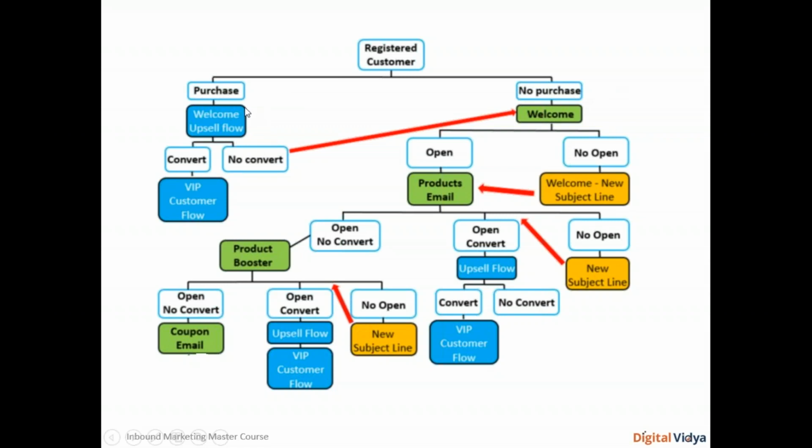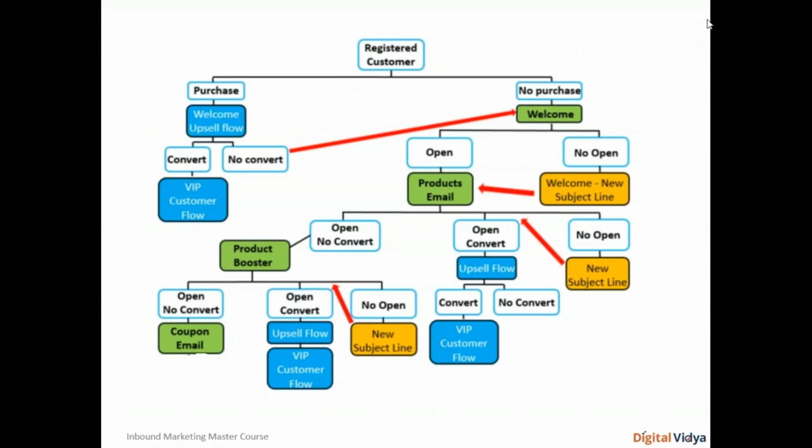You send them an email. This is the segment they belong to, they get an email. Then you look at whether they converted or not. The people who got converted fall into a different segment, they become VIP customers. Now let's look at a different workflow. The folks who have not purchased from you, you send them a welcome email.